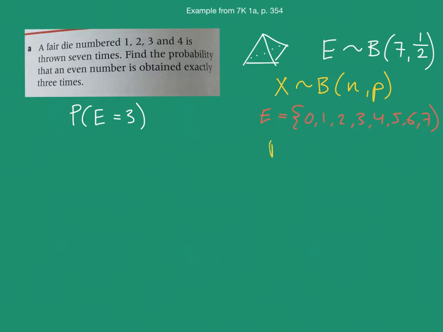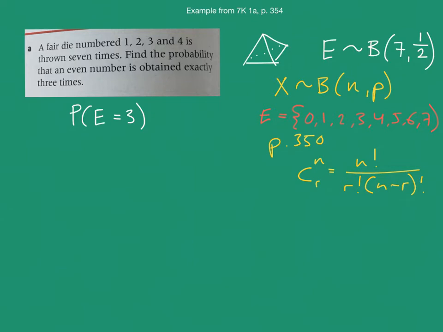And now we're using the formula on page 350, the one that looks like this, but we're going to put specific numbers inside here. So this is the formula in the general form, and that's the one we're going to use.